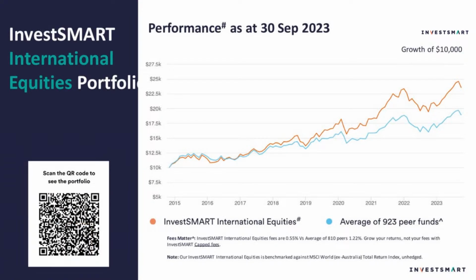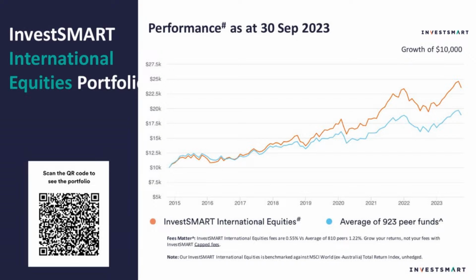So this is the performance of the InvestSMART International Equities portfolio, where the orangey color. Now the peer group, and you'll often see InvestSMART talk about our peer groups, because we don't just benchmark ourselves against an index or a specific benchmark, because you yourselves can't go and actually get that benchmark.